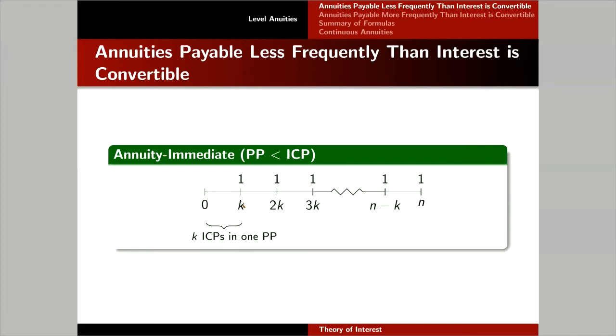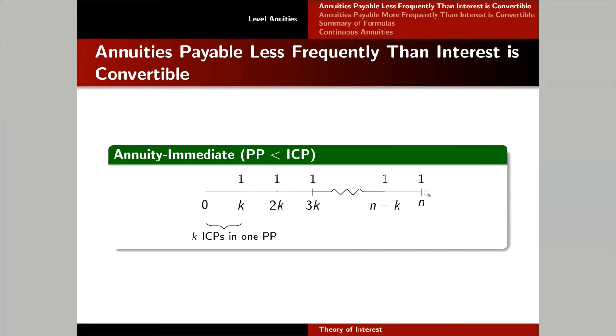In one PP, there are K ICPs. So after K ICPs or interest conversion periods pa, saka pa magkakaroon ng unang payment. Okay? Tandaan nyo, more frequent ang ICP than the payment period. Okay? So this is the timeline for an annuity immediate.